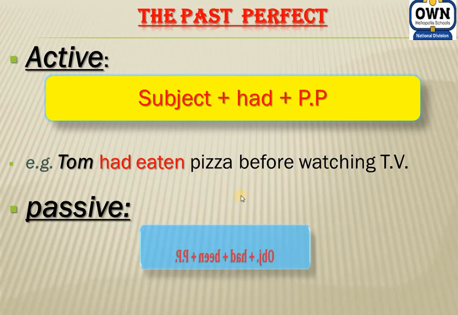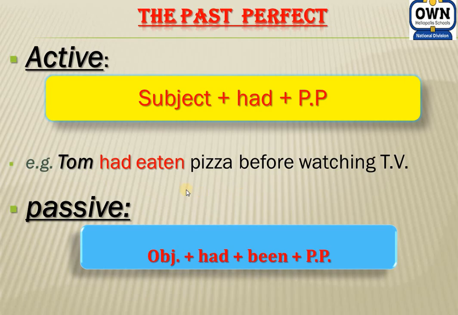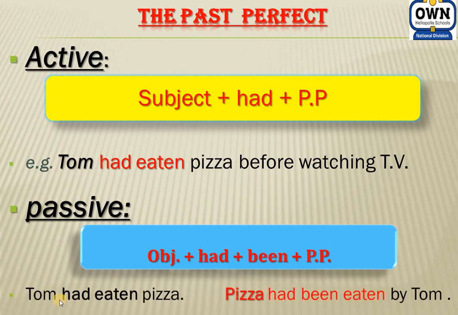If we want to change it into passive, we follow this rule: object, had, been, and past participle. Tom had eaten pizza. We change it into passive like this: pizza had been eaten by Tom.